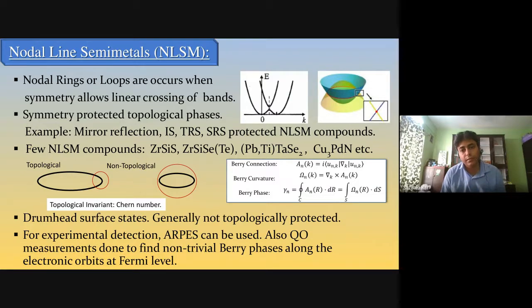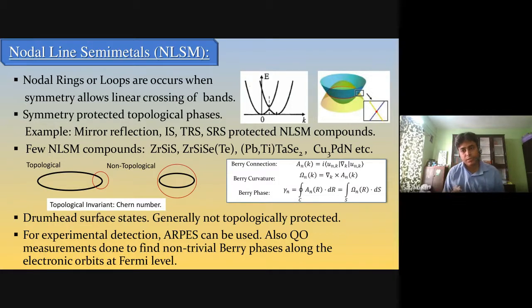There can be many kinds of symmetries, like mirror reflection symmetry, inversion symmetry, time reversal symmetry, etc. And because of that, for example, in this case, let's say this conduction band and valence band correspond to different eigenvalues of the symmetry operators. In that case, hybridization cannot occur. So this gaplessness is protected.